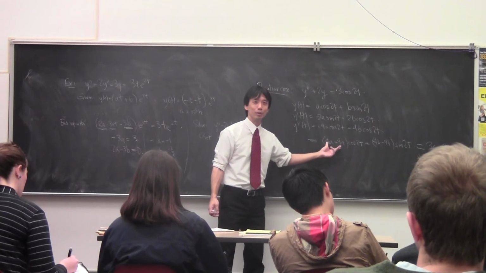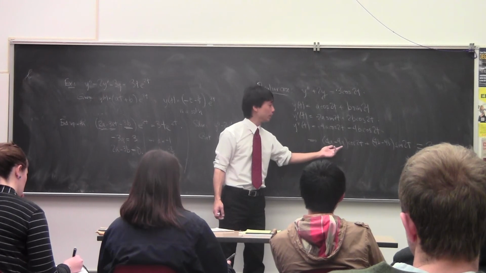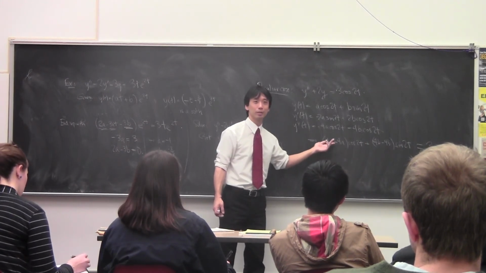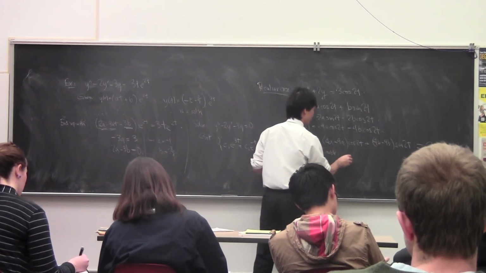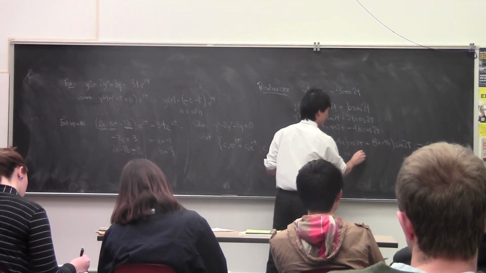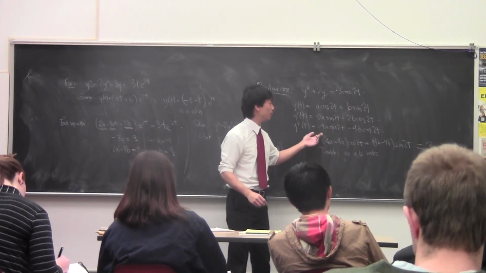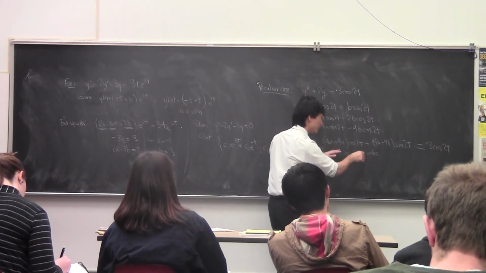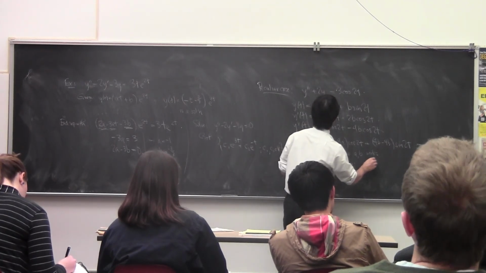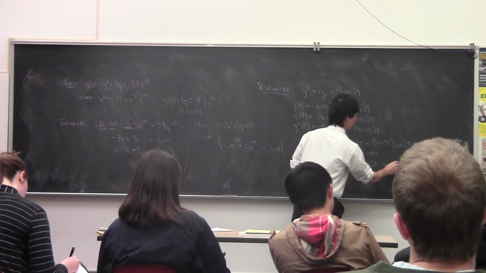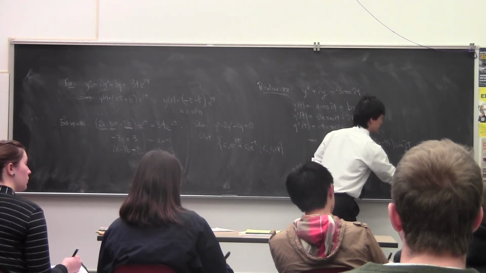But there's trouble. The trouble is that no a and b will make this true, because you get 0 on the left side. No a, b works. And the reason, as we're seeing here, is that cosine 2t and sine 2t are actually solutions of the homogeneous problem.